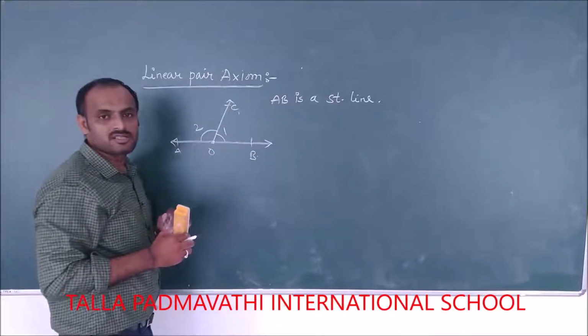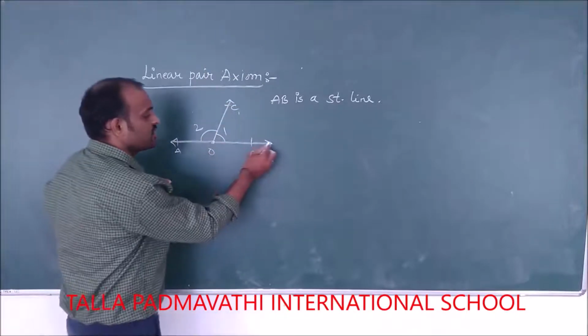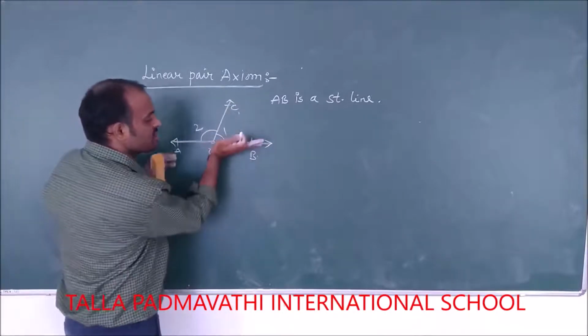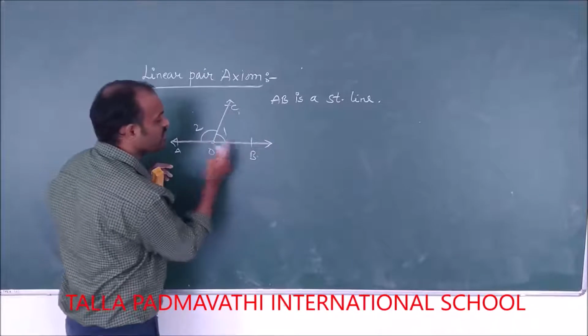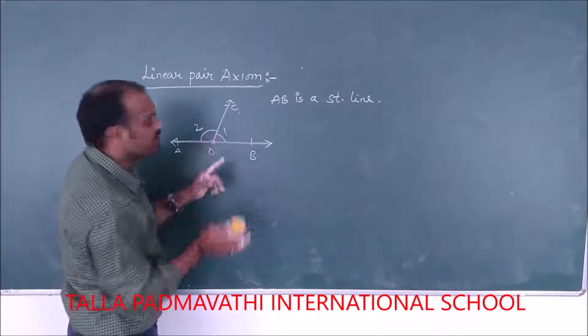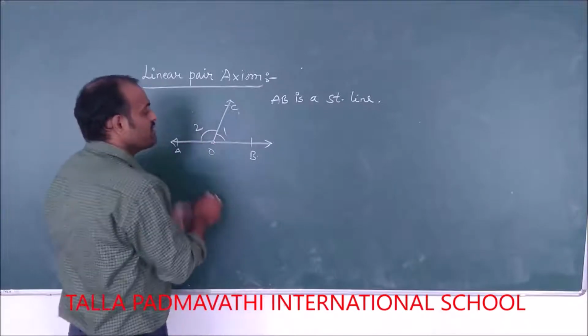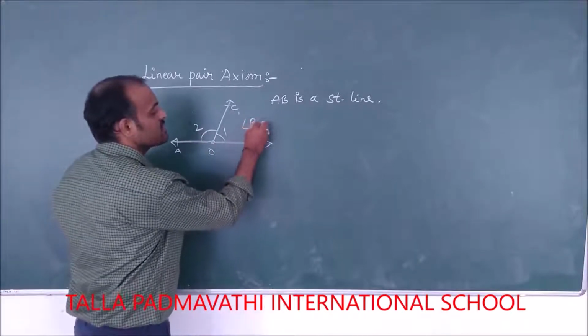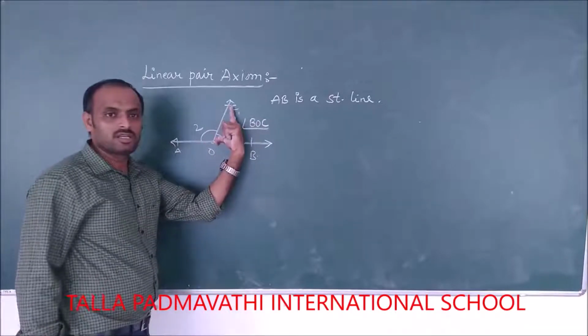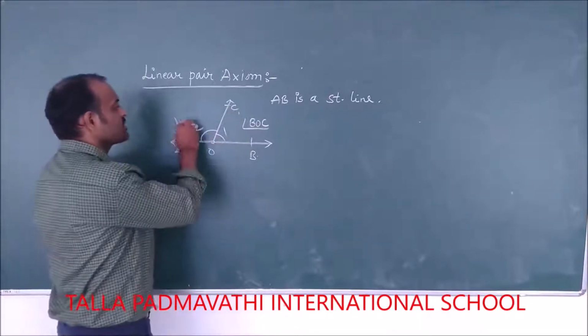Here I have an angle called angle BOC because I have two rays here: OB is one ray, OC is another ray. Between two rays, an angle is formed. Here I have two more rays, OA and OC, so angle AOC.